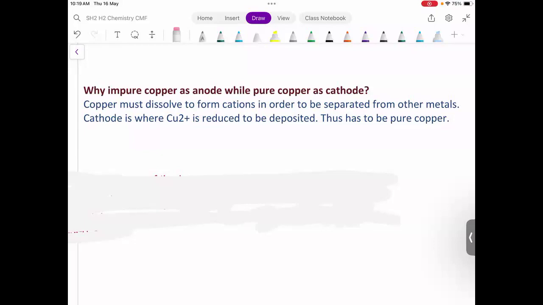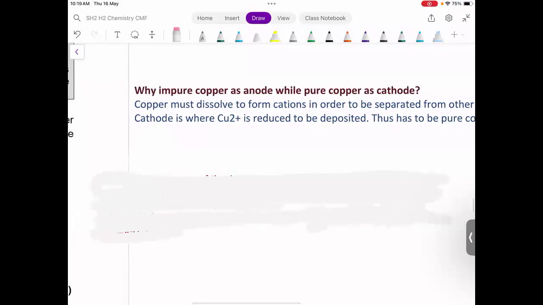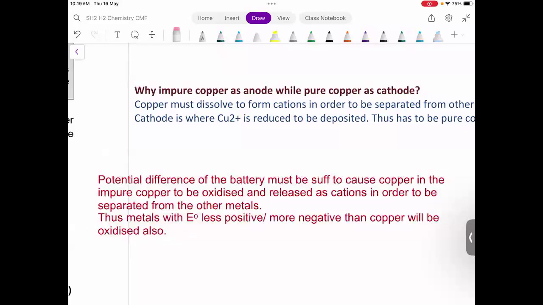Okay, then the second thing I want you to take note of. Because of the need to dissolve your copper metal in the impure metal to become cations, the potential difference supplied by the battery must be sufficient to oxidize your copper. Okay, so in other words, any metals that can be oxidized above copper will also be released as cations.